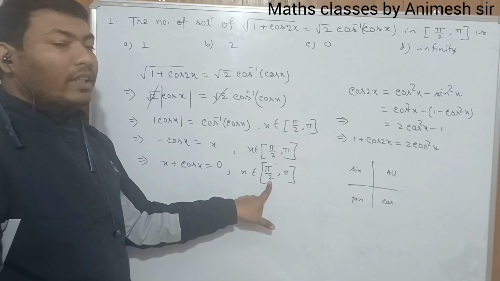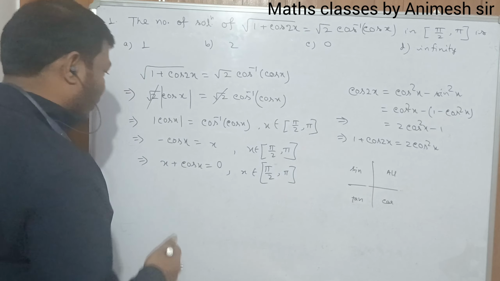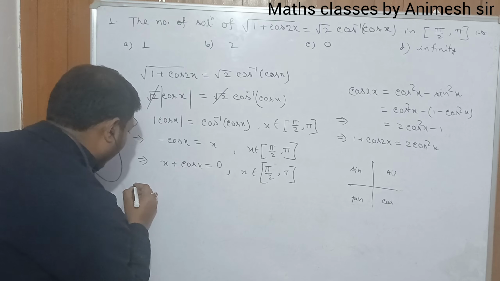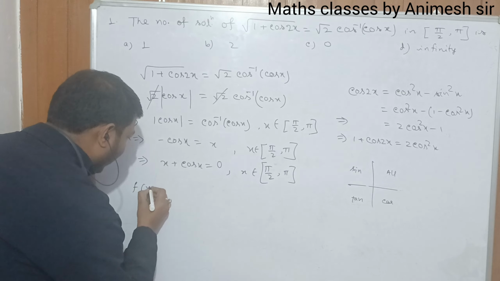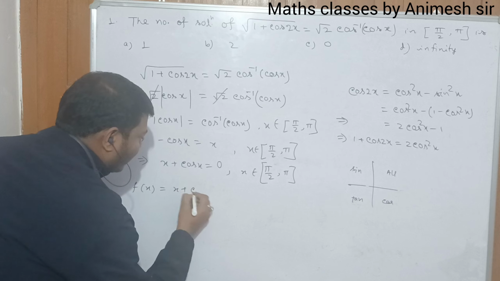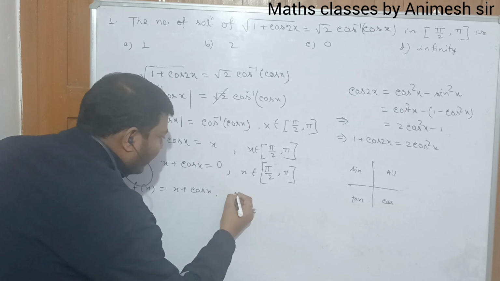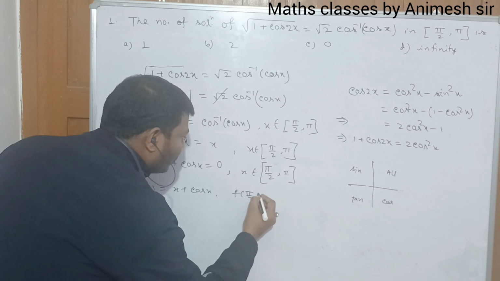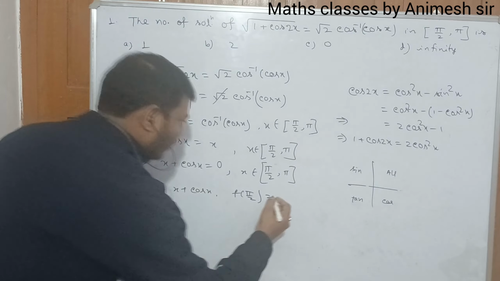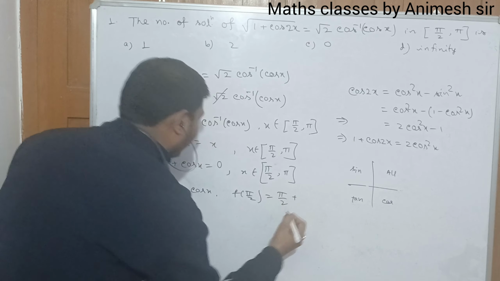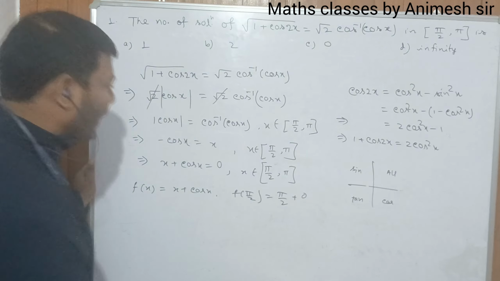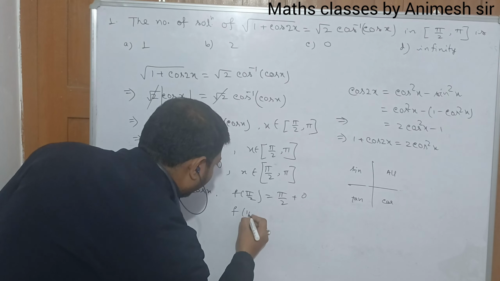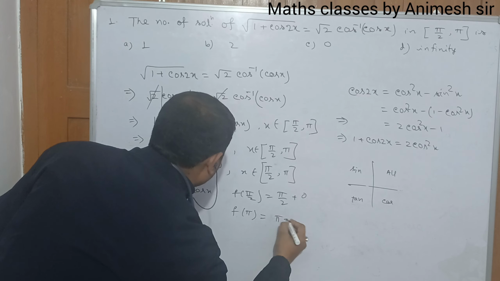Now if we choose the two end points, and write x plus cos x equals f of x, then f of pi by 2 will be pi by 2 plus cos pi by 2, which will give pi by 2, and f of pi will be pi plus cos pi.